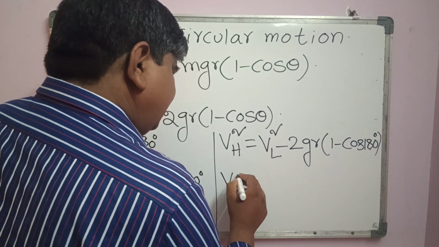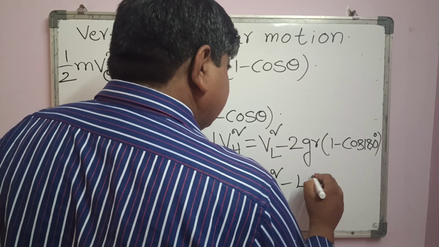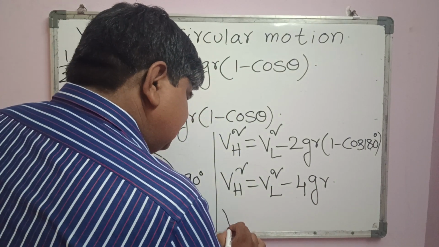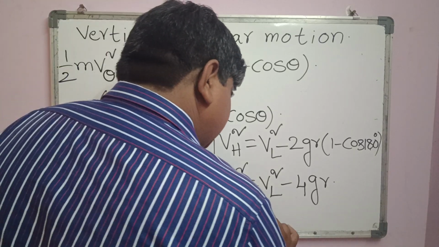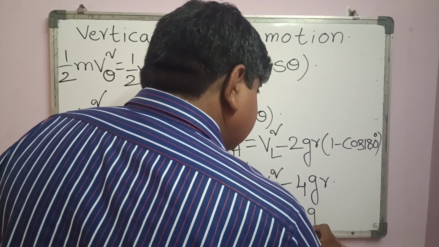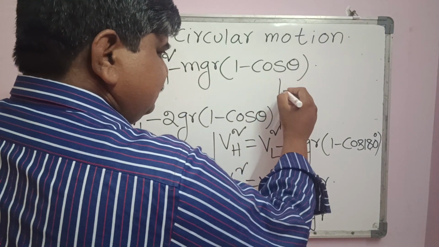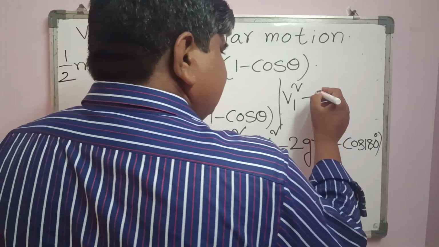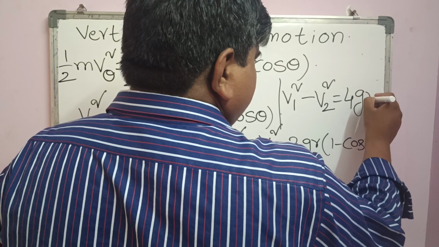Therefore, vh square is equal to vl square minus 4gr. So the difference between the squares of the velocities from the lowest position to the highest position is equal to 4gr. In other words, we can write vl as v1 square minus vh as v2 square, and this equation can also be written as 4gr.